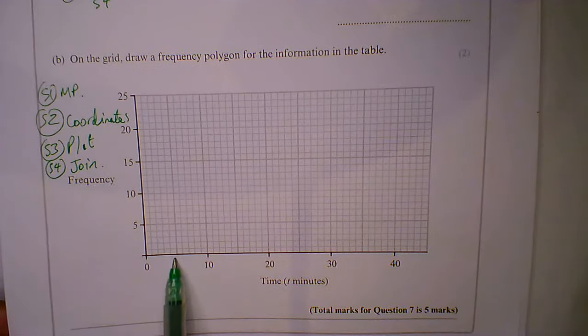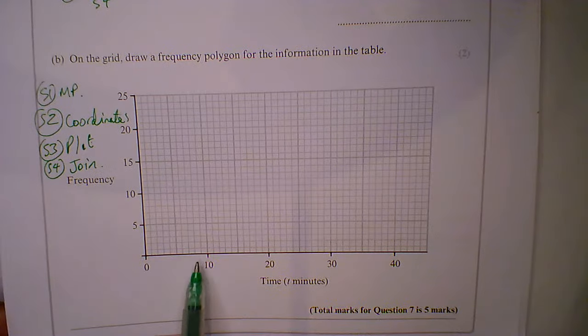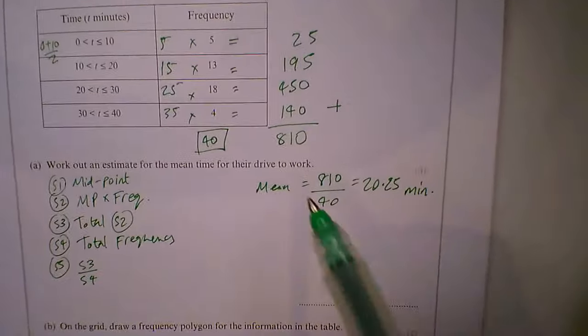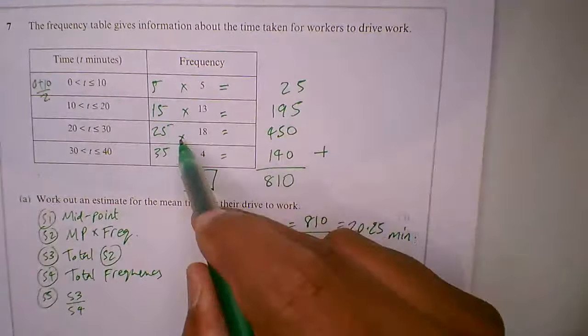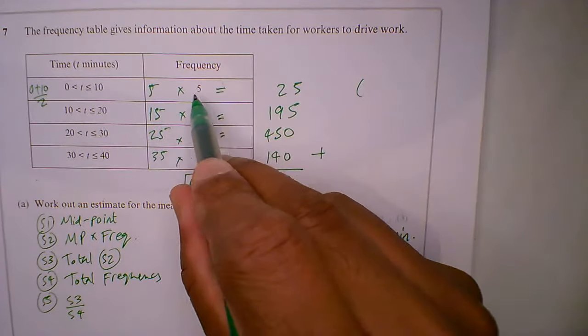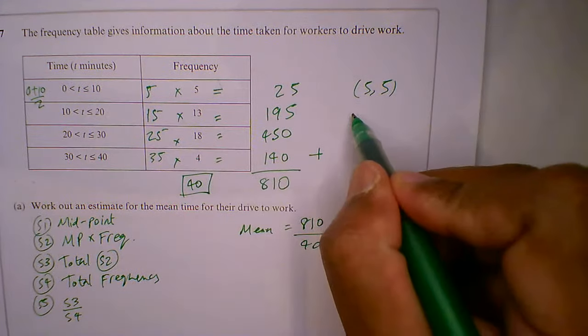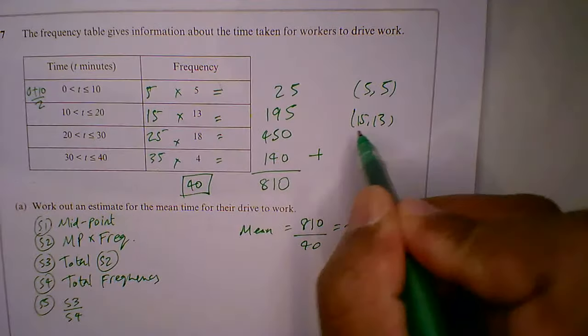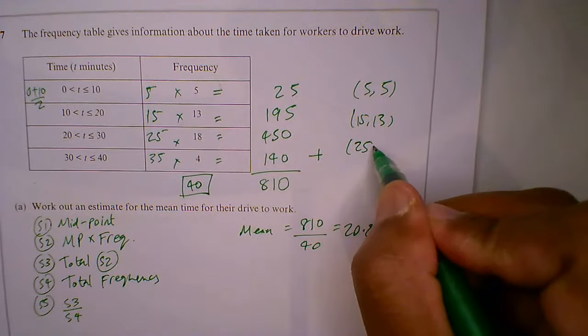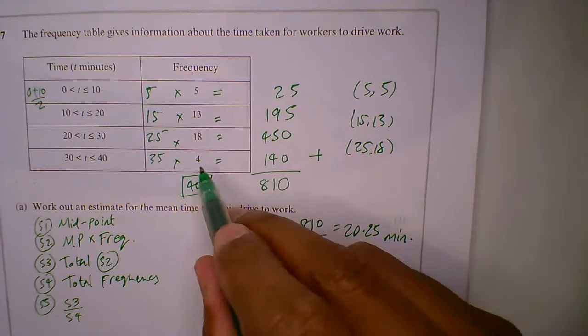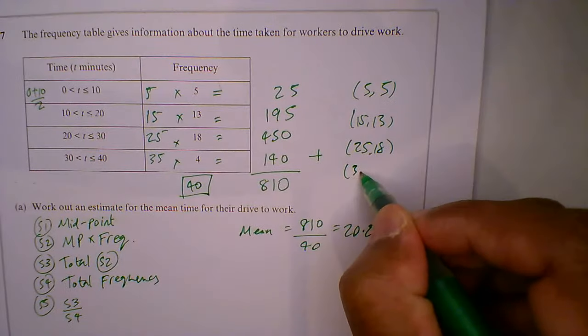I mean, you can do it by looking here. What's in the middle of 0 and 10? So you've got that there. So we've already got these here, so I can write them out. 5 and 5. 15 and 13. 25 and 18. And then we've got 35 and 4.